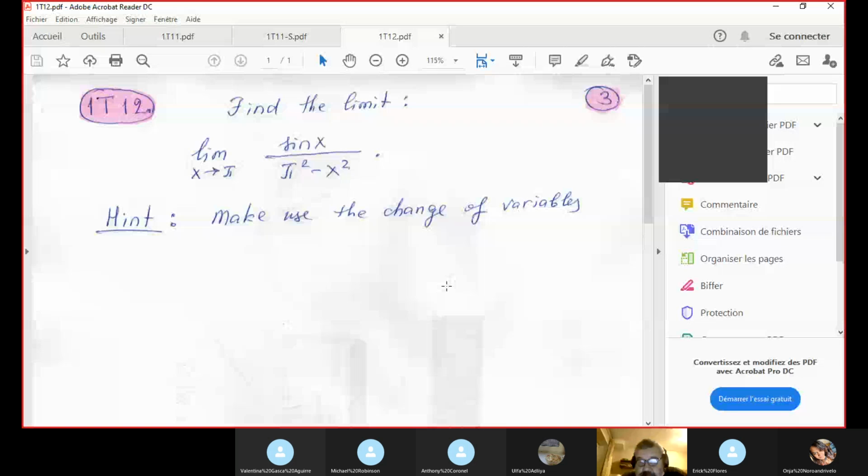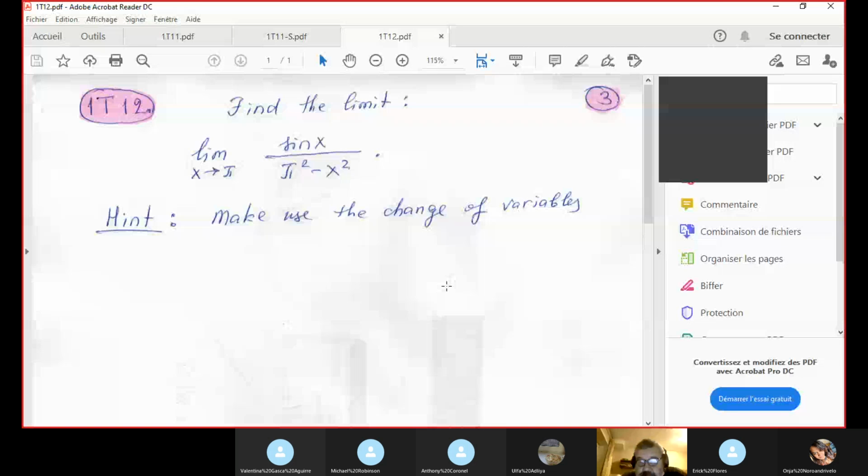You see, if I change my variable in this way, so take a new variable y equal to pi minus x, you will have that x is pi minus y.